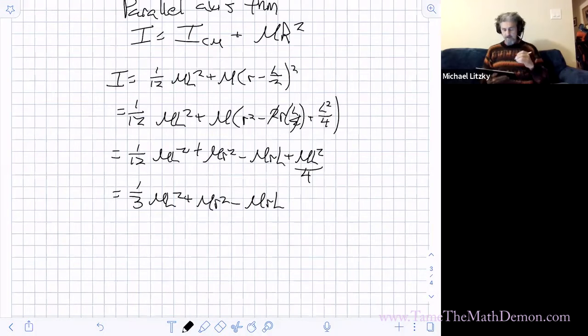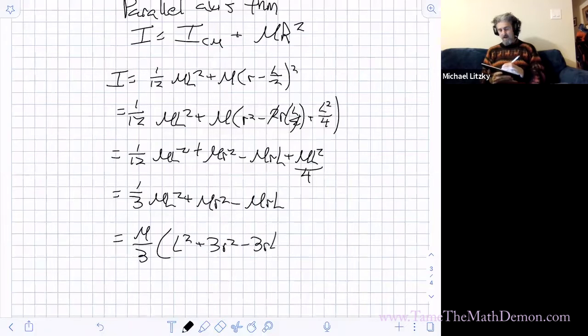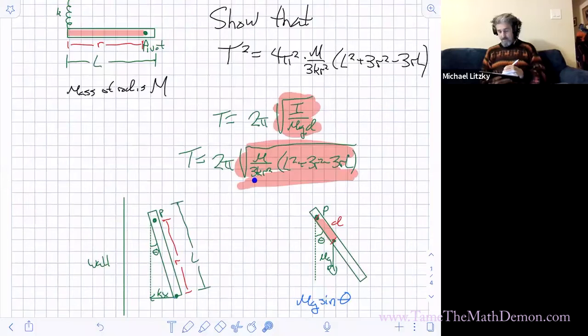And that we can factor out the m and factor out the 1/3 so that we put the m over 3 in front. And what's left inside is L squared plus 3r squared minus 3rl. And if we compare that to what we are supposed to get, m over 3, L squared plus 3r squared minus 3rl.